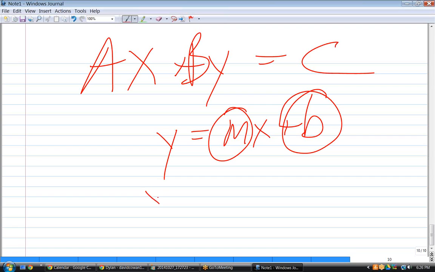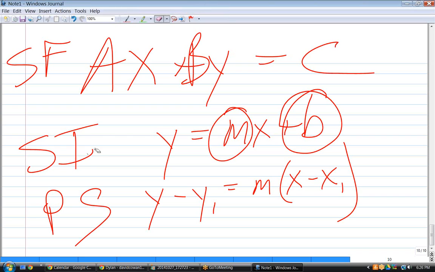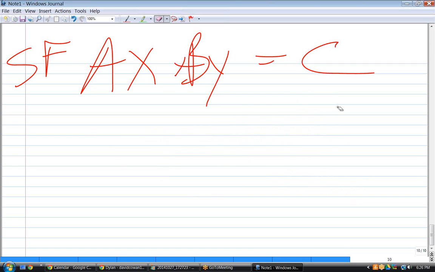And the other format we've worked with is point-slope. So those are your three formats: standard format, slope-intercept format, point-slope format. And you should be well familiar with all three of them. But when your two equations are in standard format, elimination is almost always the best thing to use to solve it. I mean, just because it is.